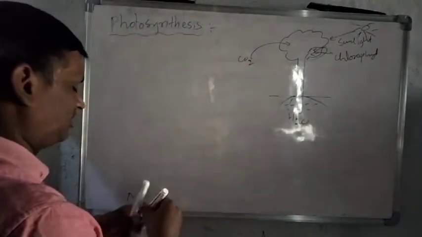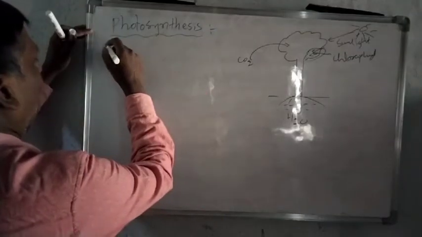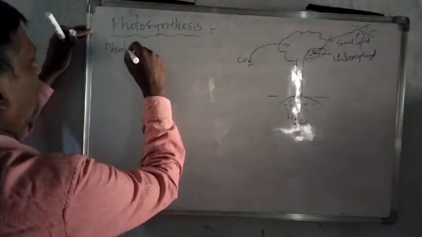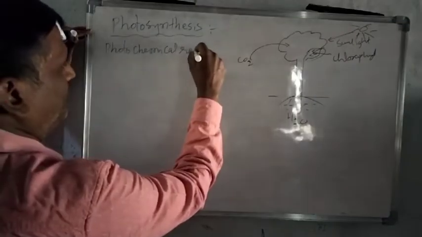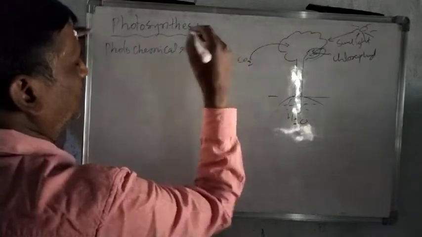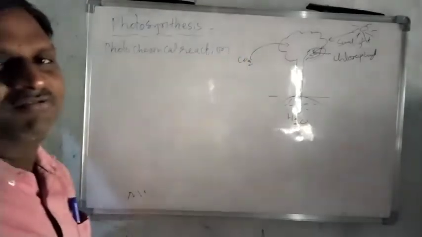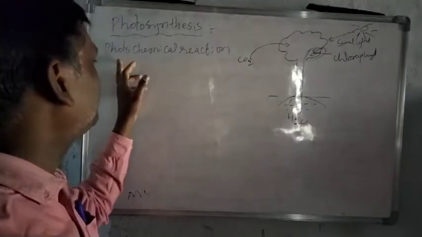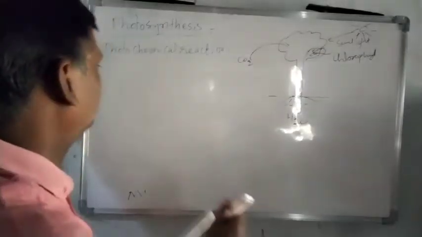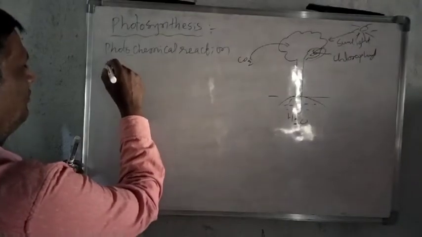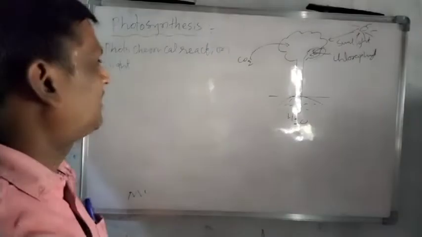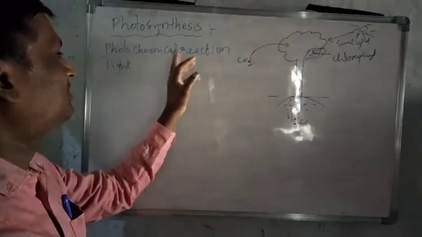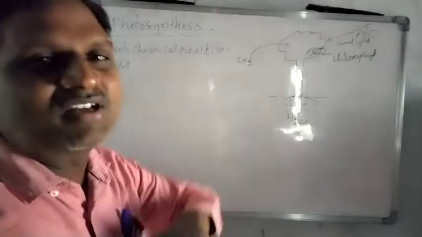What is photosynthesis? Photosynthesis is a photochemical reaction, which means photo means light, and the chemical reaction goes on in the presence of sunlight.